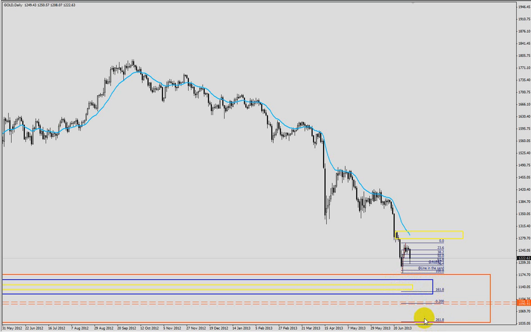The 261.8 extension is on the very bottom of the red, the monthly support. It is also worth mentioning this level.